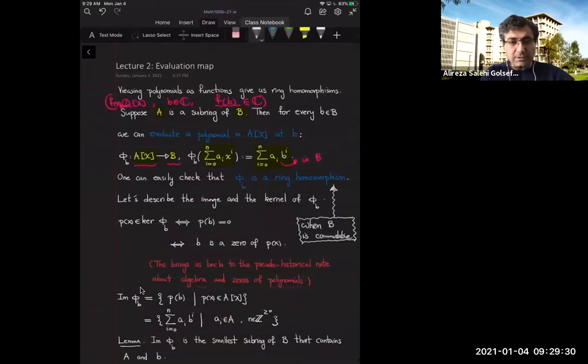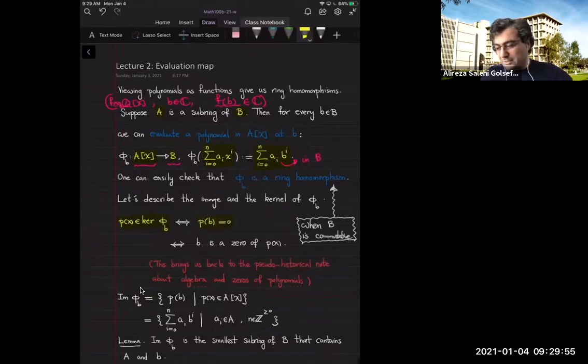Let's start with the kernel. A polynomial p(x) is inside the kernel of the evaluation map precisely when I evaluate p at b, I end up getting 0. So this happens precisely when I have this equality.